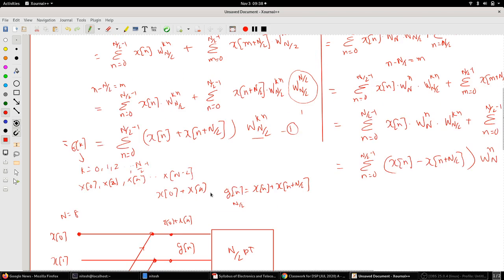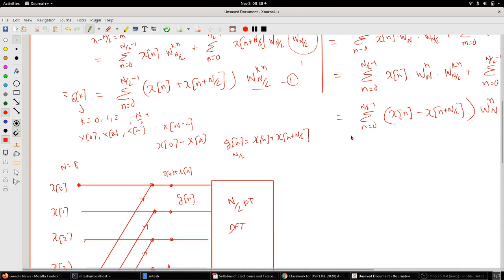In the same way, on the other side I'll create another sequence, which is I of n, which is x of n minus x of n plus N by 2, into W_N of n.